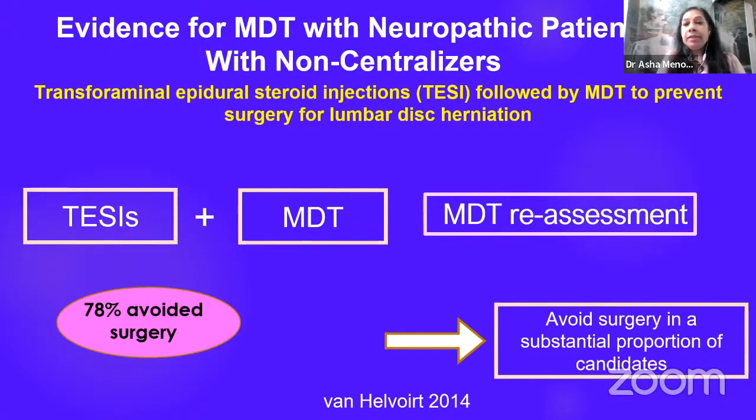This is a very substantial population of candidates. So this contributes heavily to the idea that if there are patients who are really not responding, we could probably help them with injections and MDT, and give them a chance to have a normal life and full function without going through spinal surgery.